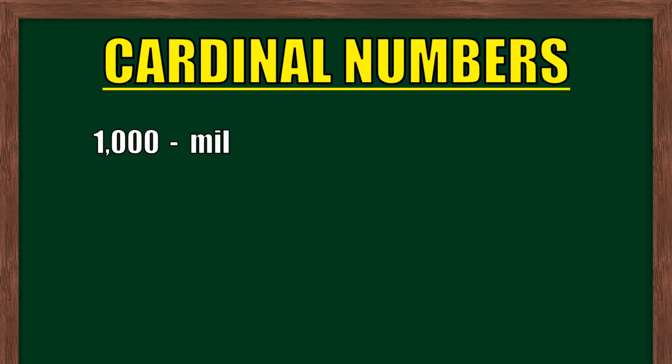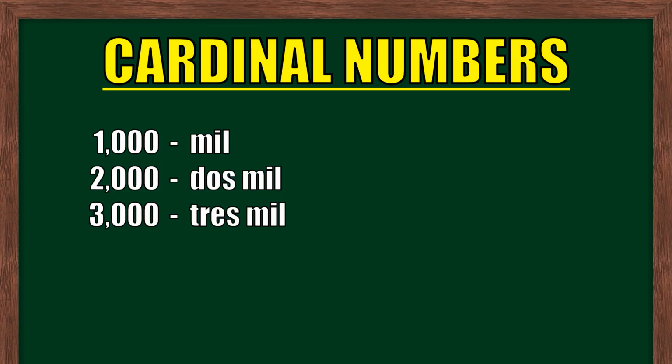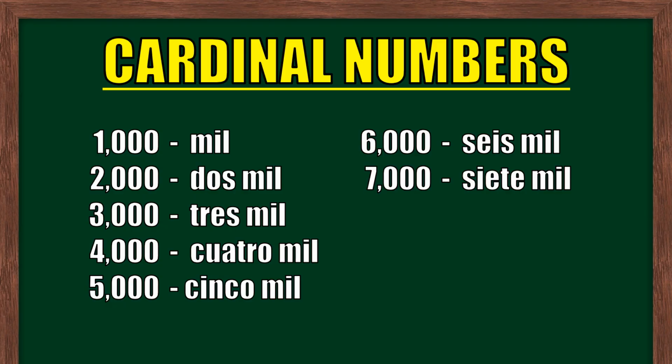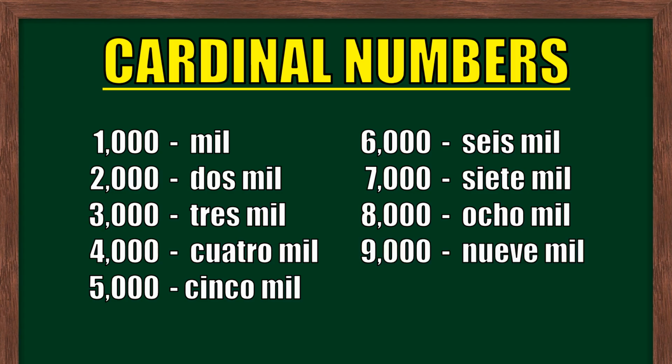It's very simple. 2,000, 3,000, 4,000, 5,000, 6,000, 7,000, 8,000, 9,000. There are no irregulars, and you do not pluralize the word mil even when you're referring to more than 1,000.